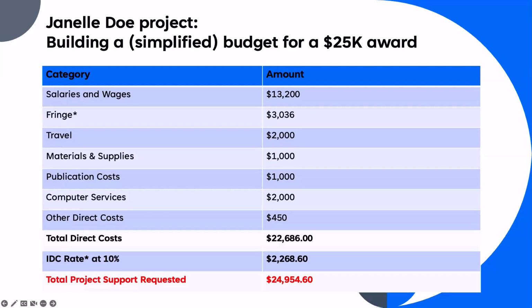IDC rate, indirect cost rate, is something that we also expect to see. Now, if you don't have a negotiated rate within your institute, we have a 10% rate that we allocate for you. And we'll go into more depth about that when we talk about your report form. But this is something that you want to make sure of: do you have the categories for the budget when you're constructing it? These are things that we typically want to see or need to see. Next slide, please.